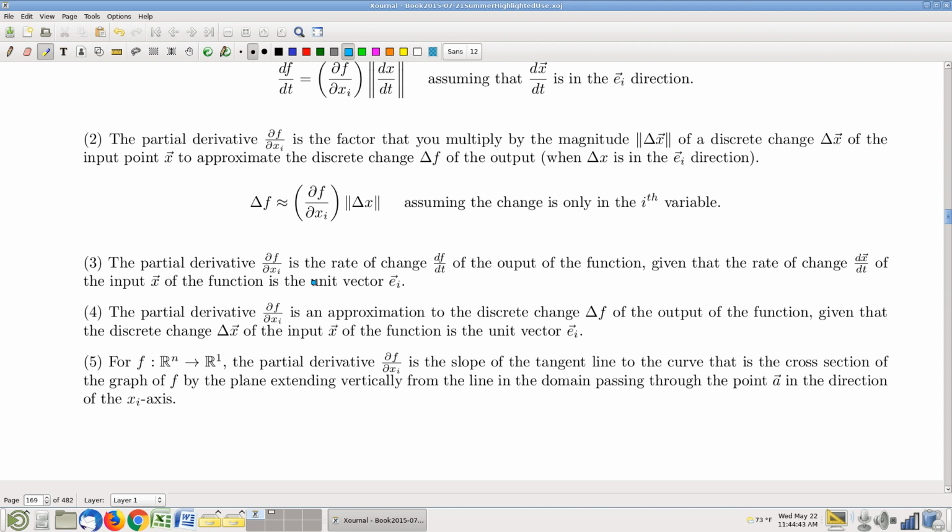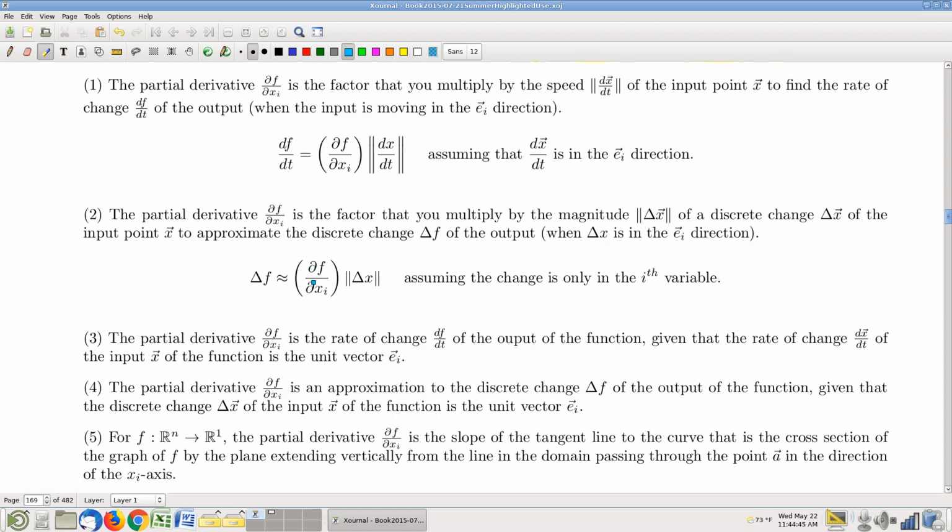In a rare situation where your input change actually is a unit vector, right? Then it is literally the directional derivative. But that's sort of a rare circumstance.